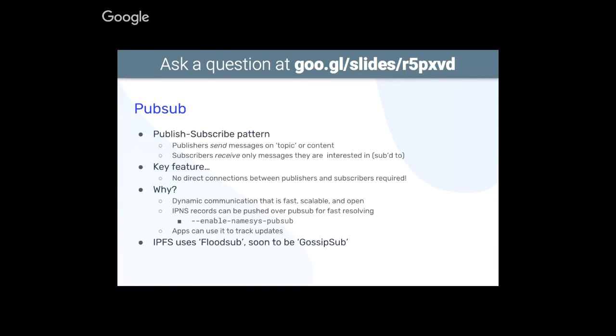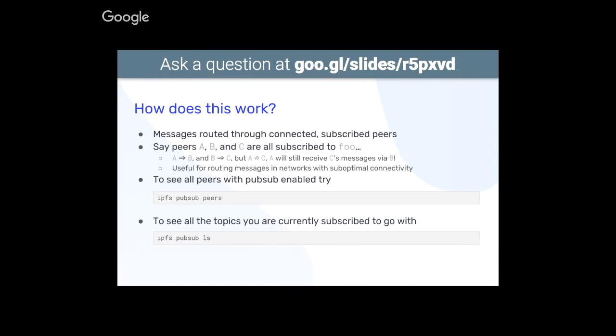Soon, IPFS is going to take advantage of something called gossipsub, which is more like a proximity-aware sort of epidemic pubsub where peers communicate with proximal peers and route messages through their neighbors. So watch this space because it's going to be a pretty important part of speeding up and scaling up the IPFS network in general. The way this works is that messages are routed through connected subscribed peers.